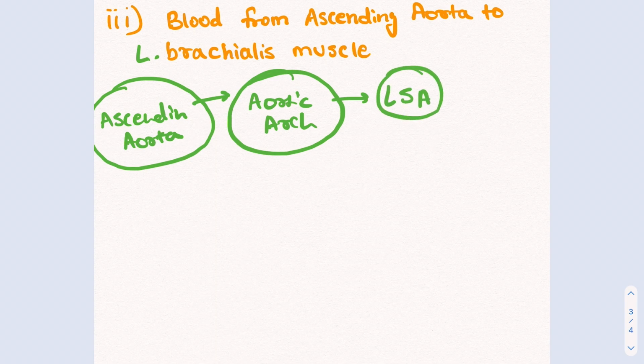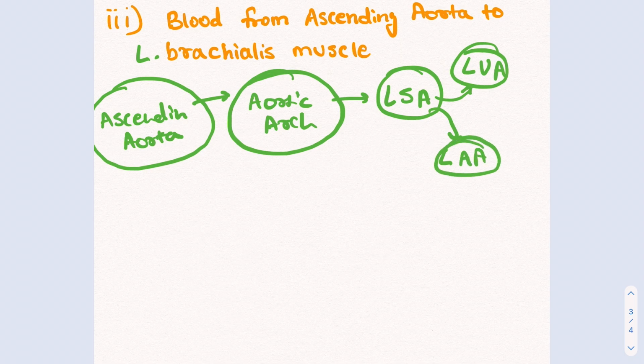Now, there is no left brachiocephalic trunk or anything. It's only brachiocephalic trunk. There's only one. There is a special artery that takes blood towards the left side, and that is left subclavian artery. Left subclavian artery then splits into left vertebral artery, and then splits into left axillary artery once it goes around the armpit area.